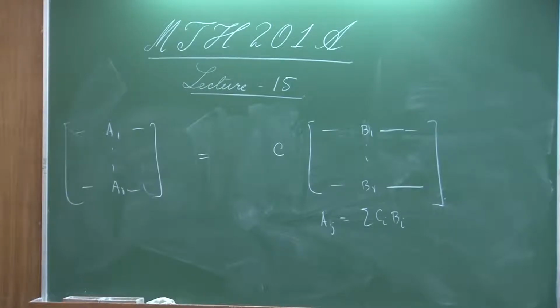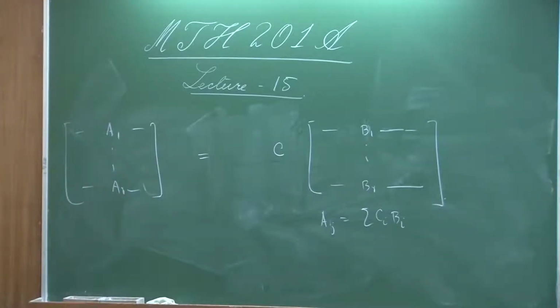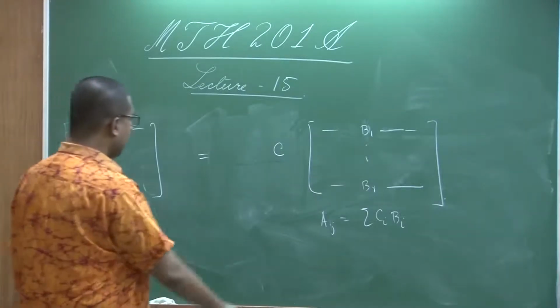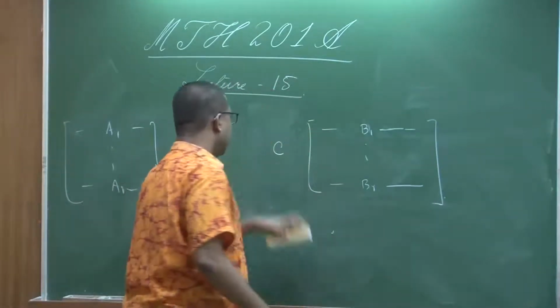The scalars associated to B1, B2, up to Br we put in the correct order as the ith row of C. This we do for any i. So this matrix is fine.